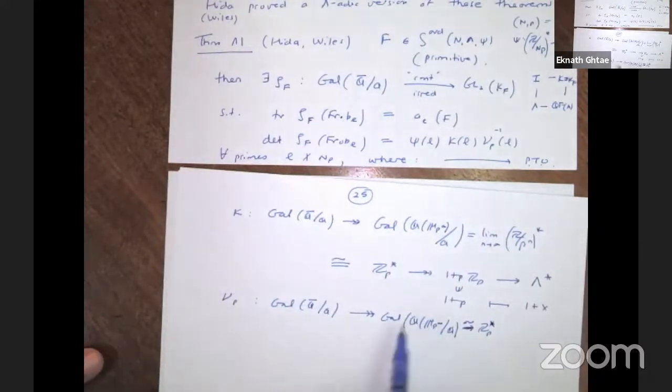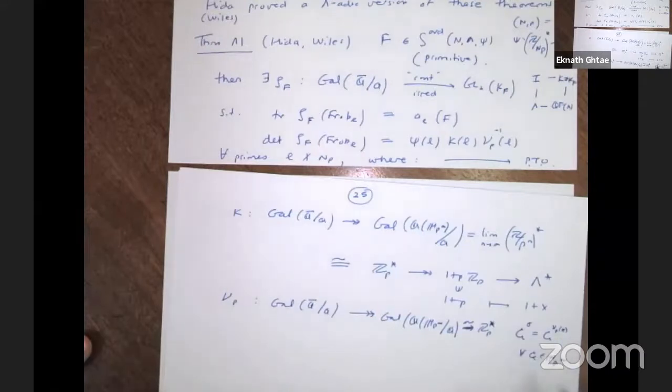This has a very explicit formula. If you don't like this, maybe I'll write it here. Zeta of sigma, where zeta is a p-power root of unity, is just zeta to the power nu p of sigma, for all zeta belonging to mu p infinity.